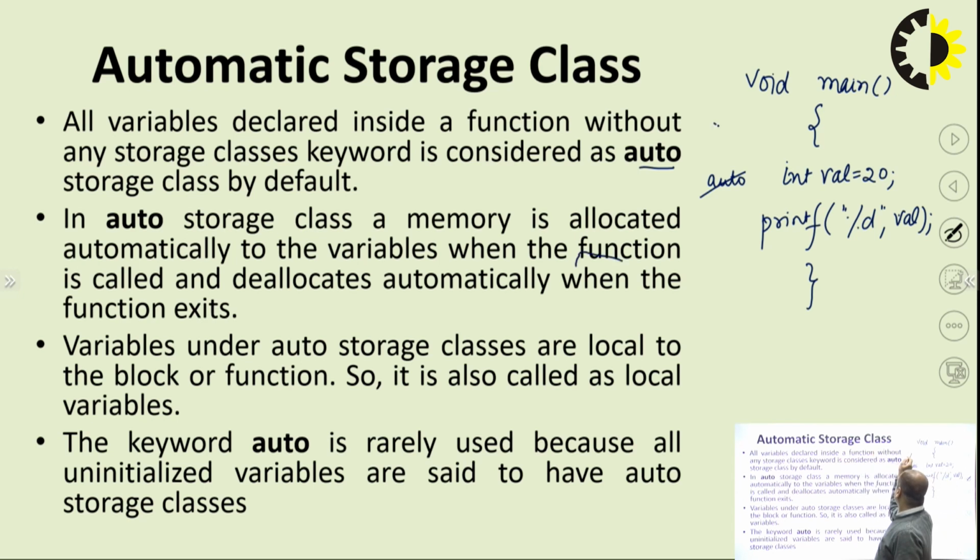Second, in automatic storage class, memory is allocated once the variable is declared in the function and deallocated once the function exits. Next, the variables under auto storage class are local to the block. For example, we see in the next slides an example of this.